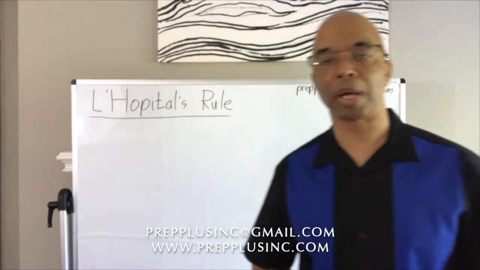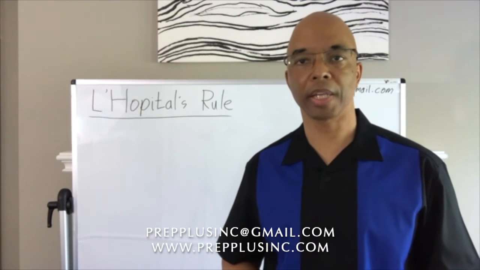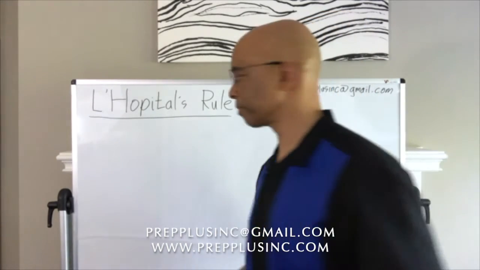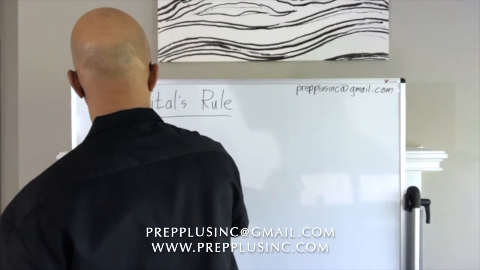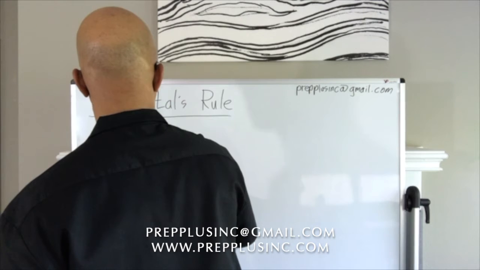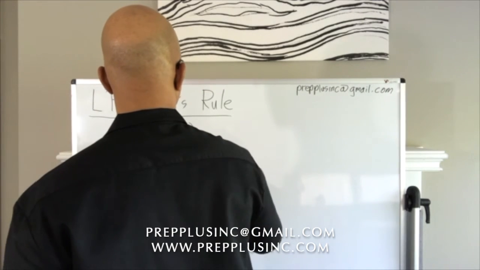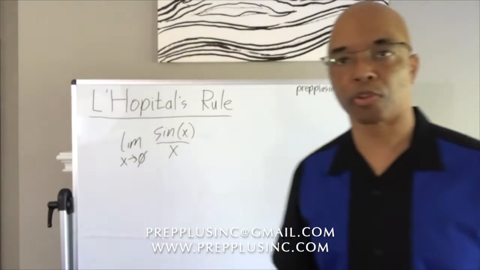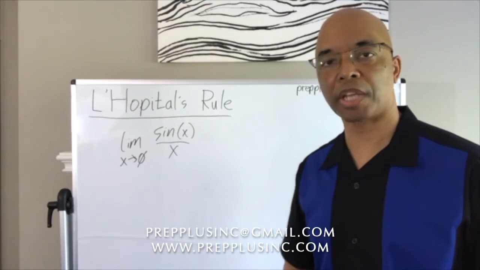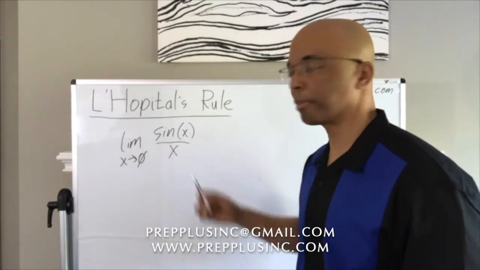So let's say the problem is to calculate the limit as x goes to 0 of sine x divided by x. So the question on the exam problem is to calculate the limit as x goes to 0 of sine x divided by x.